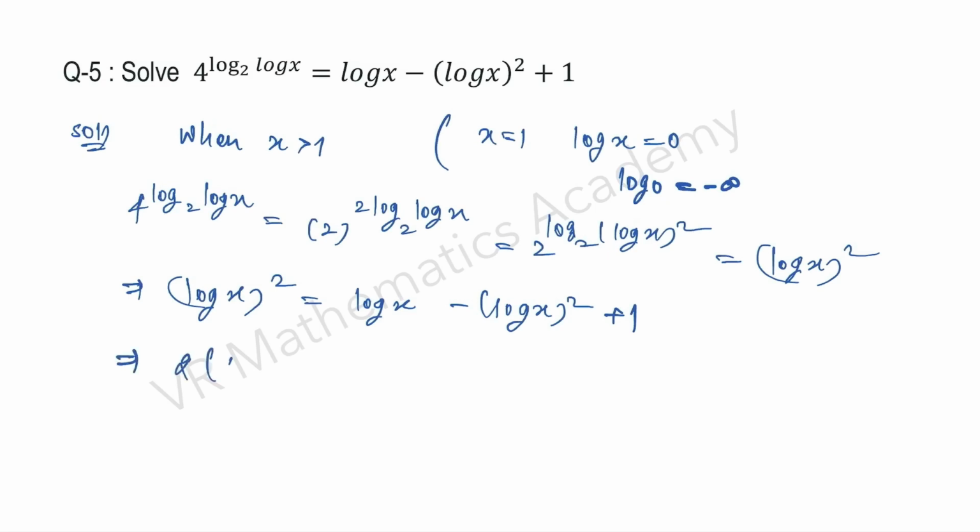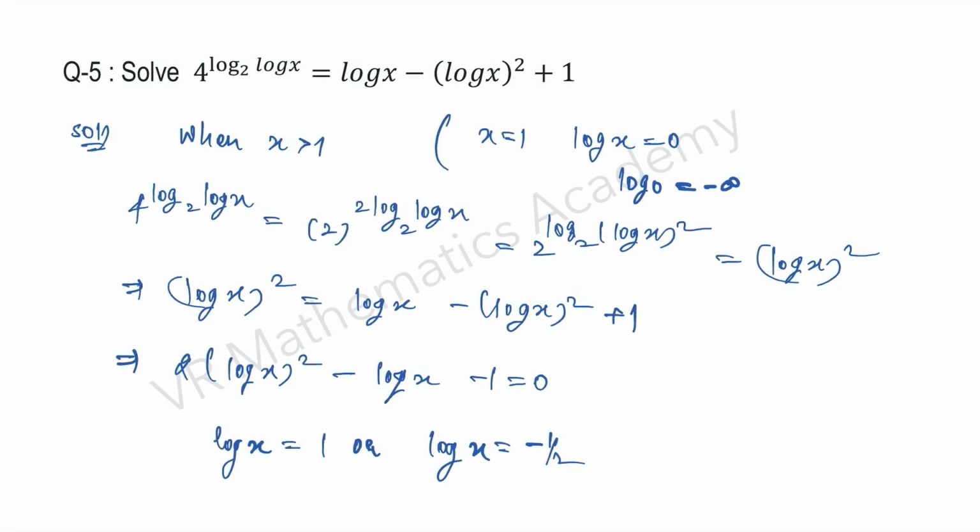Now twice of log of x whole square plus log of x minus 1 will be equal to 0. By this quadratic equation, we will find that log of x will be equal to 1 or log of x will be equal to minus 1 by 2.